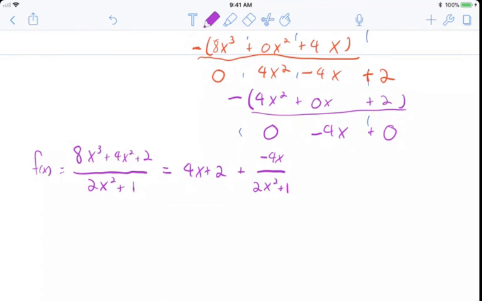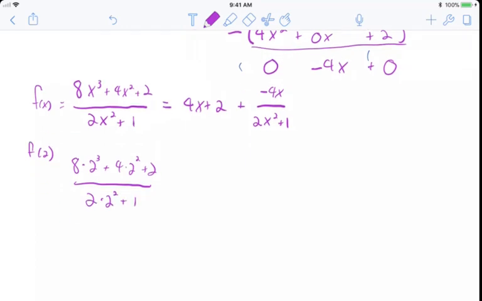Test at number 2. So that's 8 times 2 to the 3 plus 4 times 2 to the 2 plus 2 divided by 2 times 2 squared plus 1. I'll evaluate that on my calculator. That's 82 divided by 2 times 2 times 2 plus 1, 9.